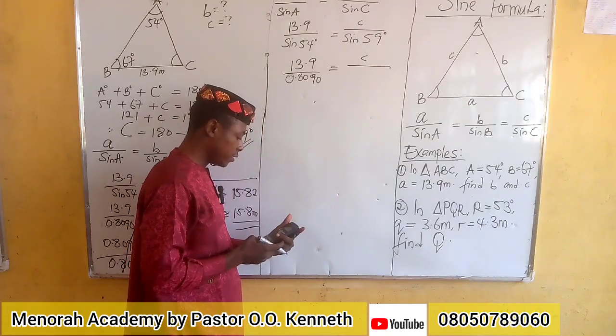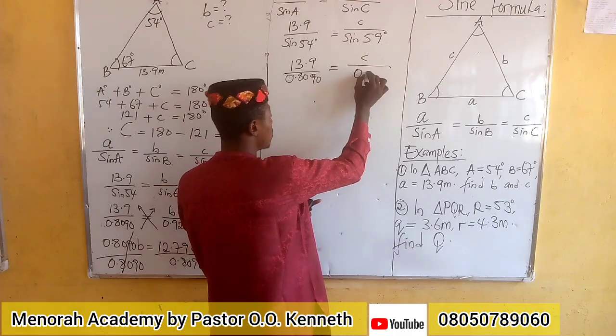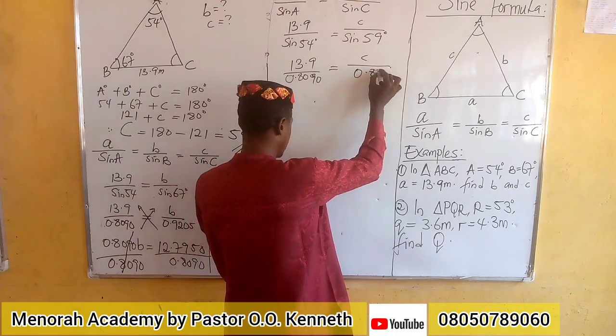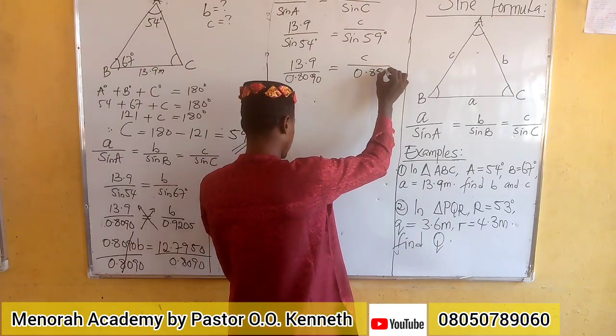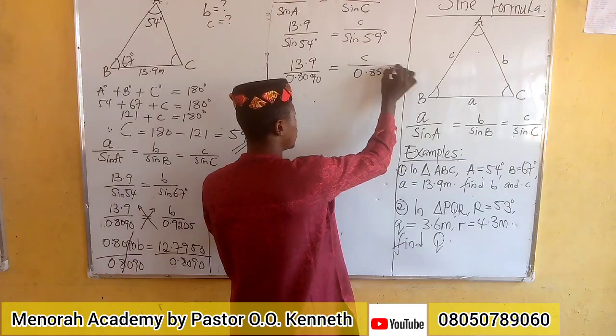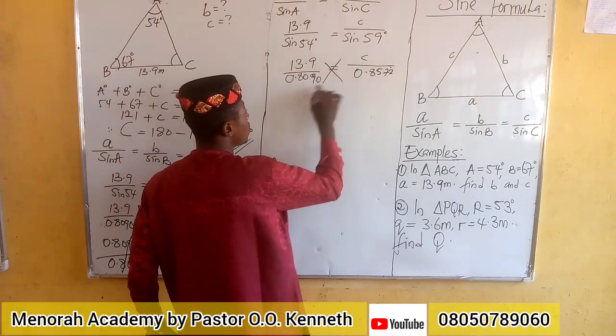Sine 59 is going to give me 0.8572. Alright, so now you cross multiply.